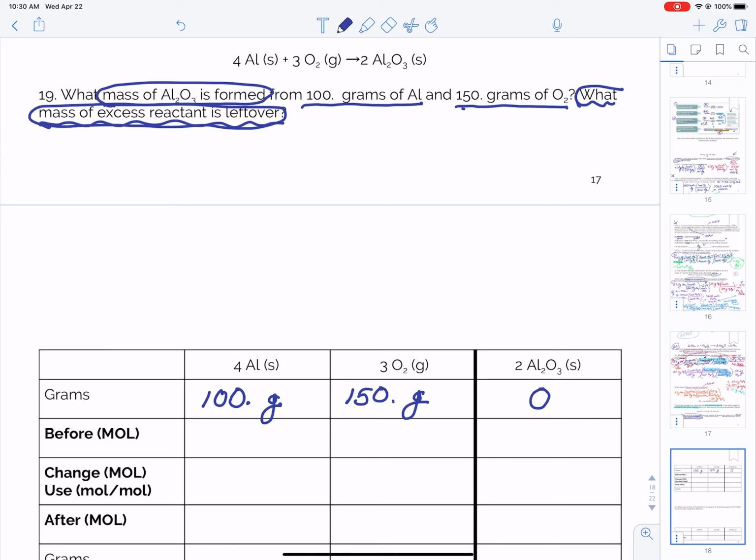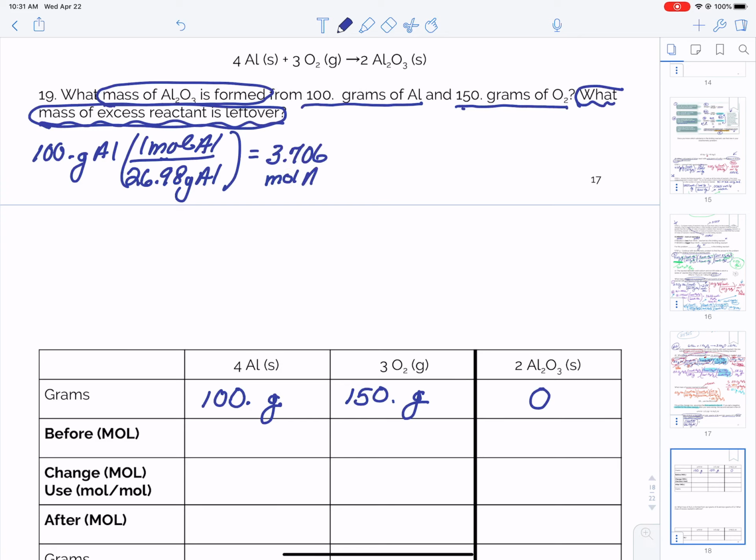Now we know that these chemicals are going to react in terms of moles. So I need to convert both of these to moles. 100 grams of aluminum: I know that 1 mole of aluminum has a mass of 26.98 grams. And so how many moles is that? 3.706 moles of aluminum.